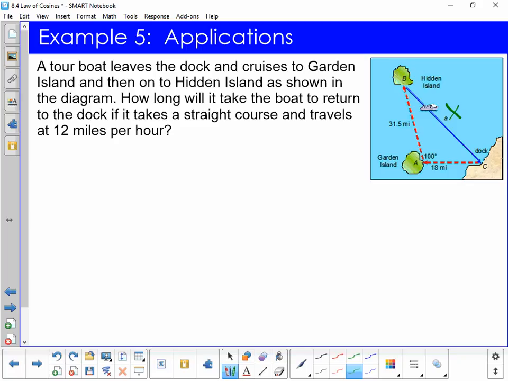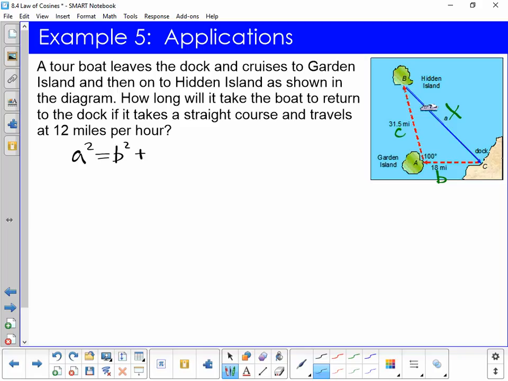So we can set up a little law of cosines equation here to help us. We have side B across from angle B, and we have side C across from angle C. The angle that we have is angle A, so we're going to use this version.